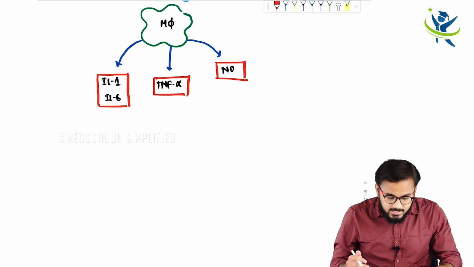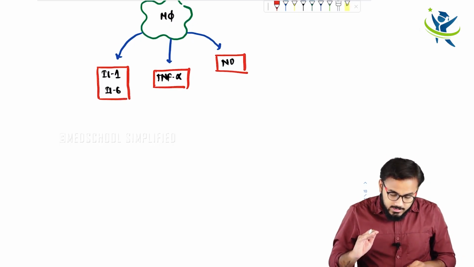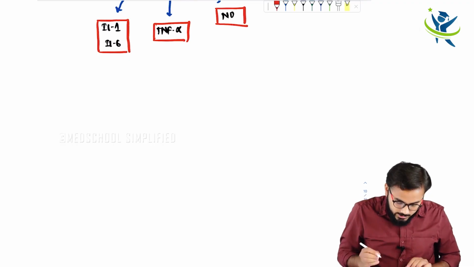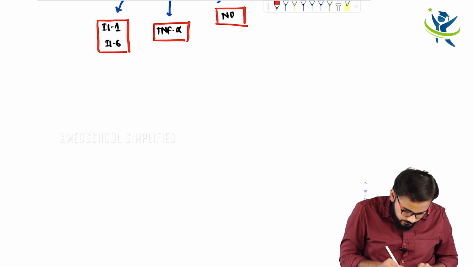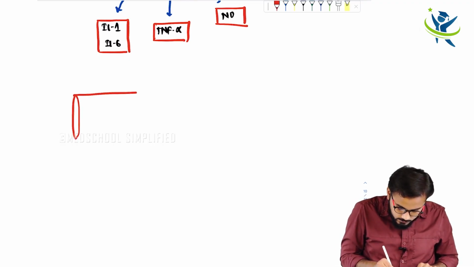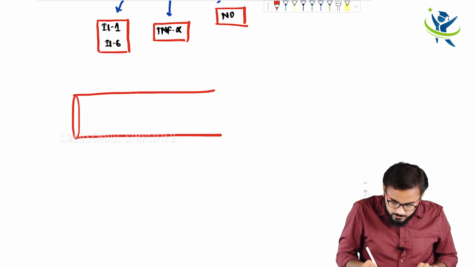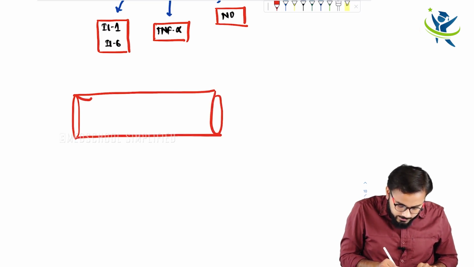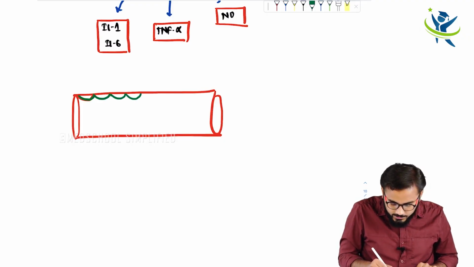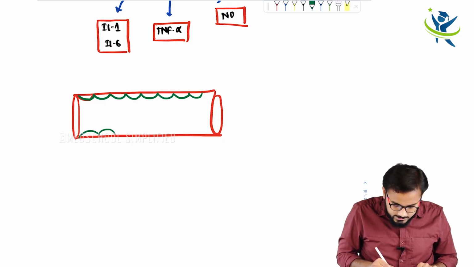So what is the next thing that is happening? Look here very carefully. This is your blood vessel. What is the blood vessel lined with, guys? Blood vessel is lined with these cells, and these cells are called your endothelial cells.